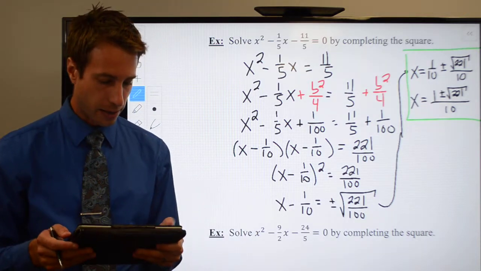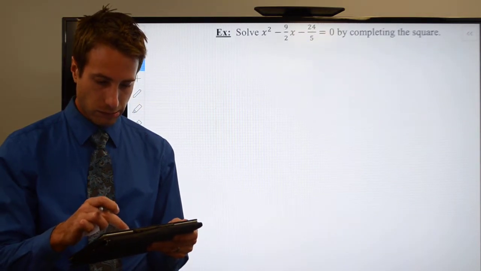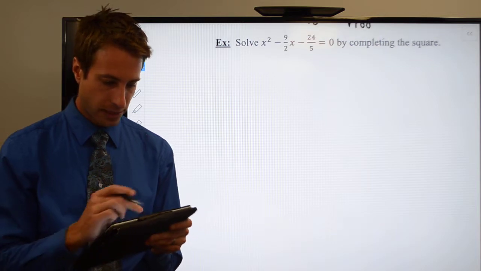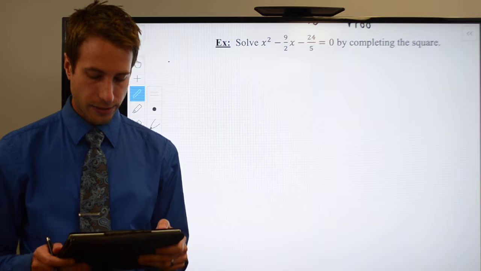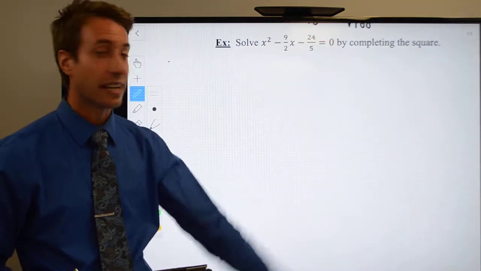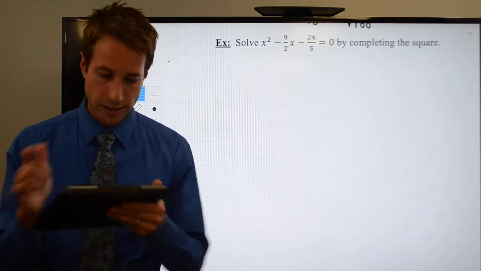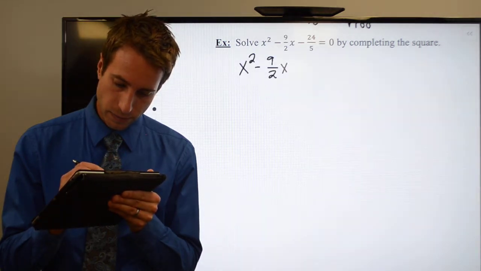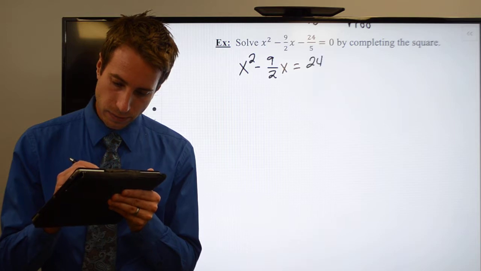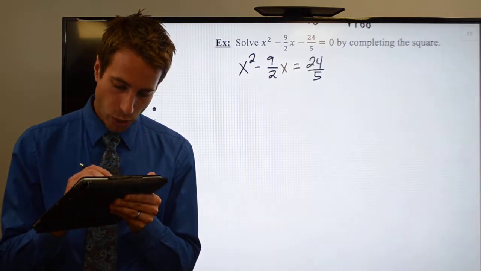I got another one for you. Let's check out this one. See how it goes. All right. Negative 24/5, moving to the other side. Add b squared over 4.